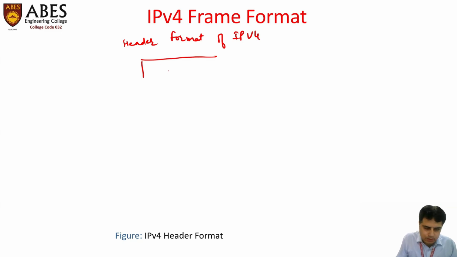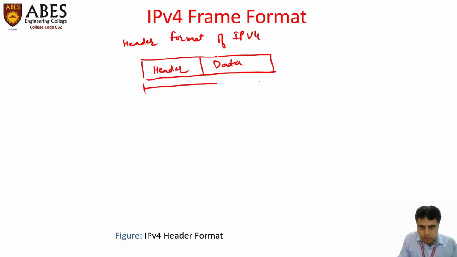The size of header plus data, the total size, is a minimum of 20 bytes to a maximum of 65536 bytes.